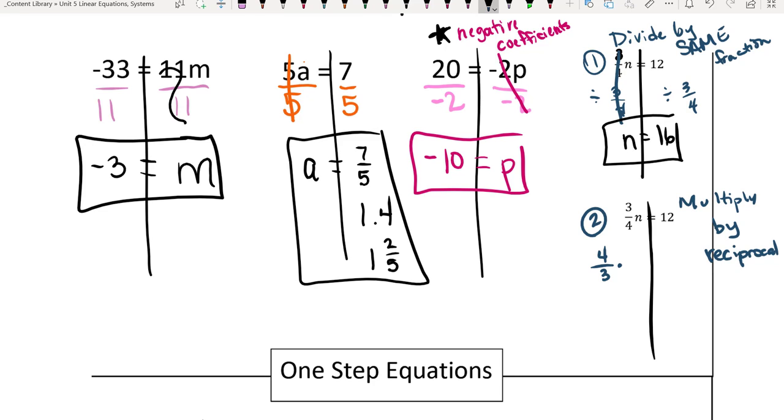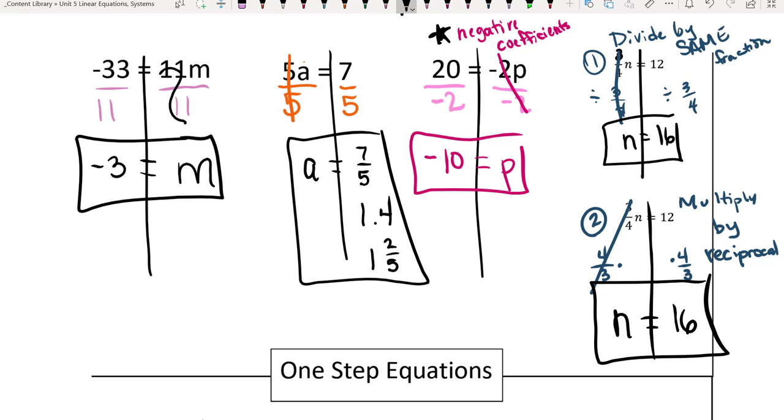Flip it on its head. So if I multiply both sides by 4/3, 3/4 times 4/3, that's a single n is left. And 12 times 4/3 is 16. So there's some options there on how to deal with fractional coefficients.